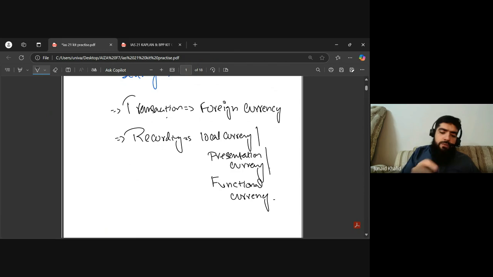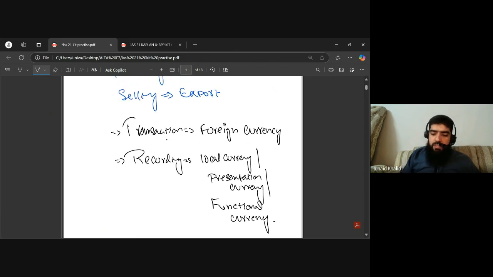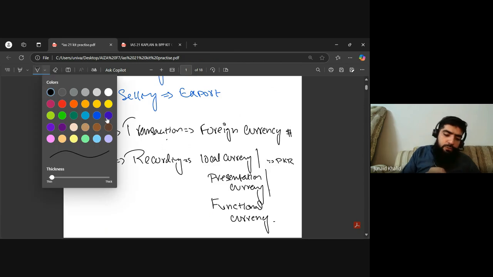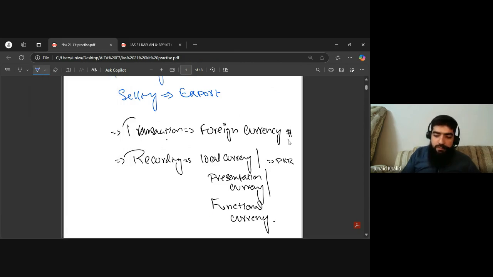For example, we are purchasing goods in dollars, so it is a foreign currency, and I am recording the transaction in PKR, that is Pakistani rupee. So PKR is the functional currency. So what I have to do is convert, right?